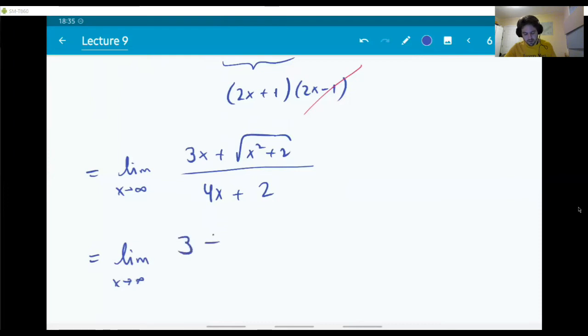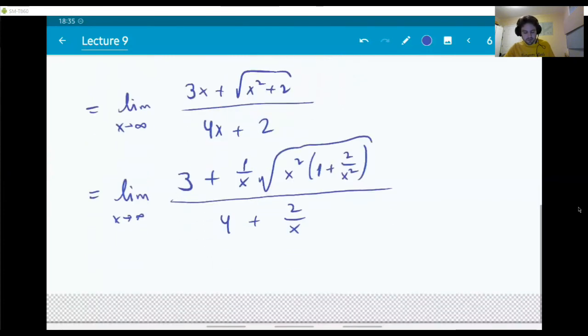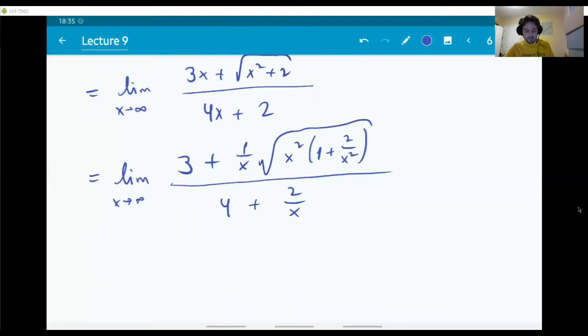How do we do that? With the square root. Remember, I usually like to leave the x outside like this. You know that it's going to cancel with the x squared inside. So I'm factoring the x squared inside of the square root. Now, once again, we have this trick of the square root of x squared. In this case, it's going to be just x because we're going to plus infinity. So after bringing this x squared outside of the square root as just x, it goes away with this other 1 over x here, giving you a plus 1.